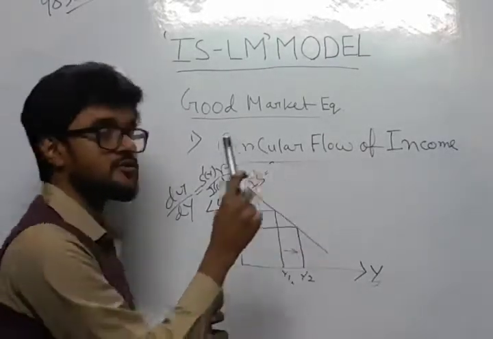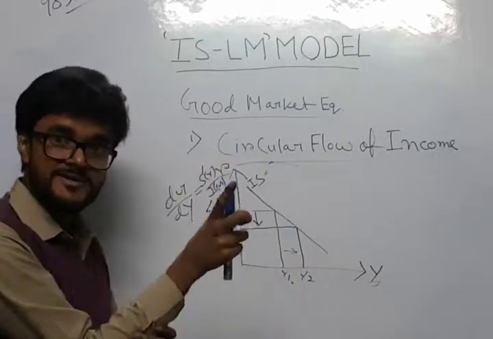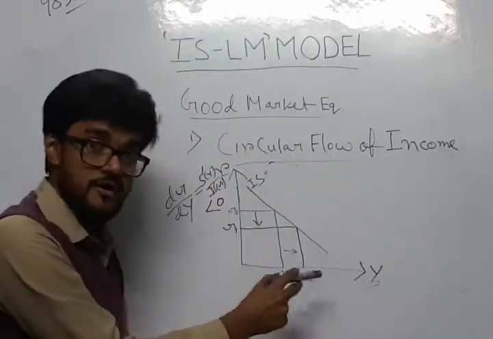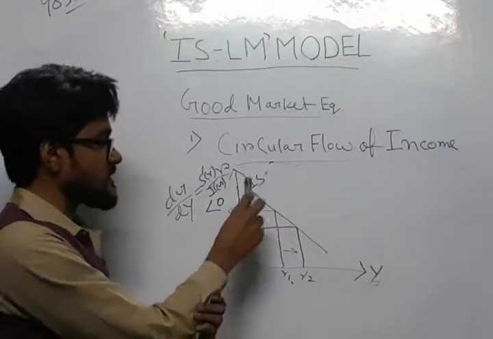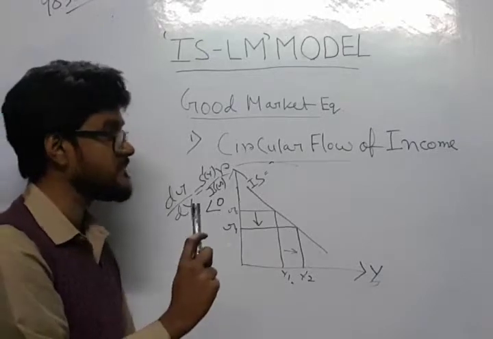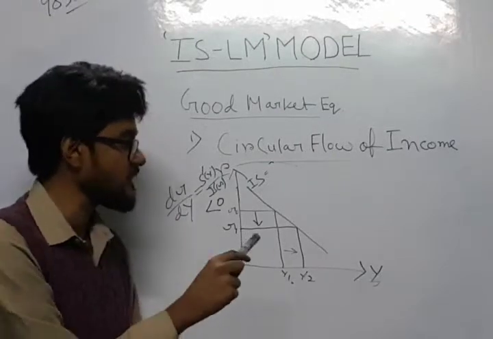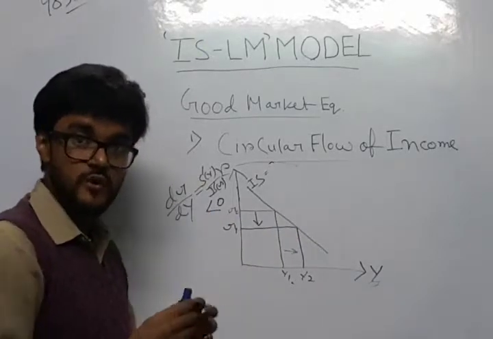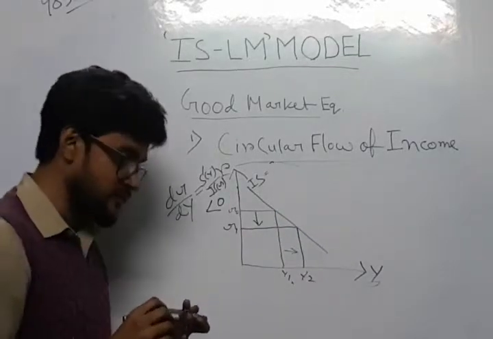We have taken the way of circular flow of income, found the basic equation, then found the slope of the IS curve, and drawn the IS curve diagram, which is negatively sloped, showing the negative relationship between R and Y. Now in the next video we'll take the route of the aggregate demand and aggregate supply curve, which is needed to form the equation to solve sums and to draw the IS curve in a different way.